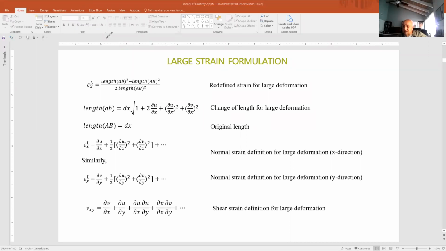How is it identical? If length A'B' squared minus length AB squared is a small difference, you can write it as length A'B' minus length AB, and you factor length A'B' plus length AB, divided by 2 length AB.